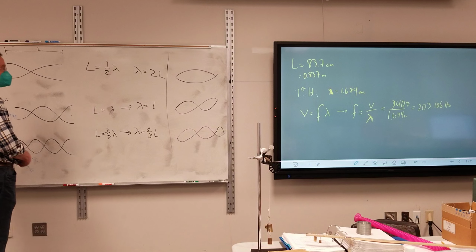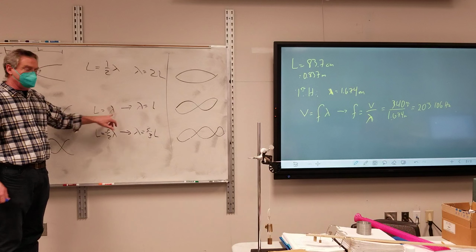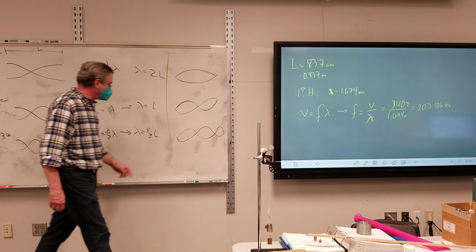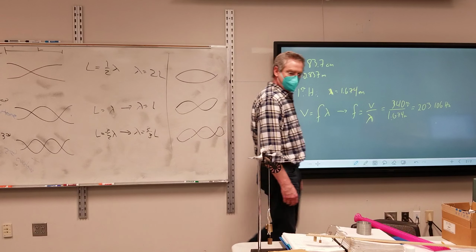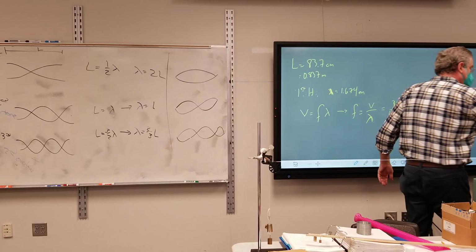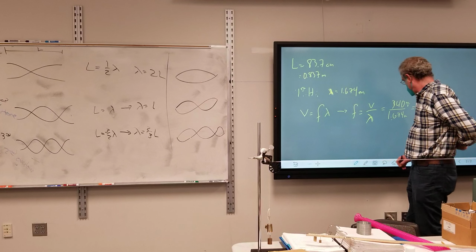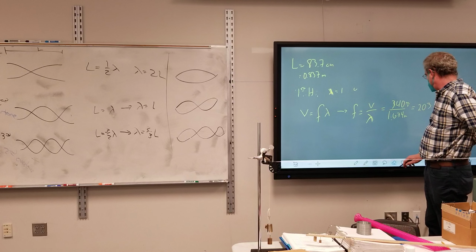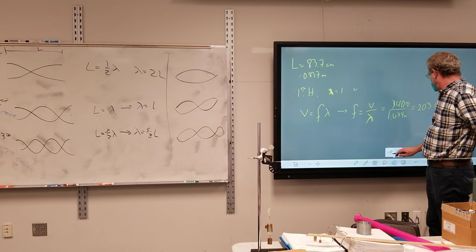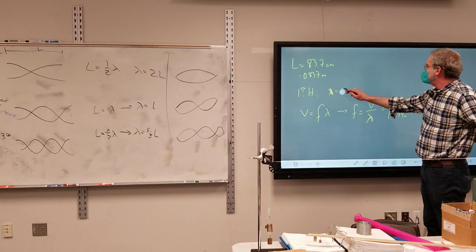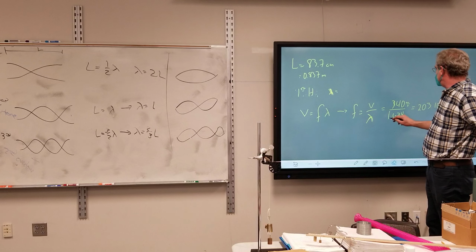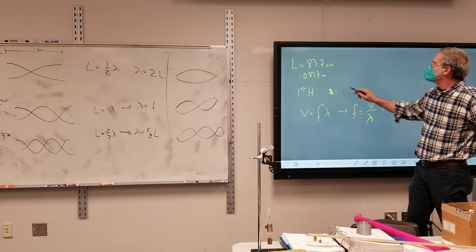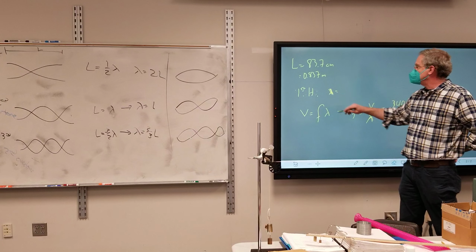All right, for the second harmonic, I know that the wavelength is equal to the length. So that should be 406. Would that just be 0.0837? That stays the same.